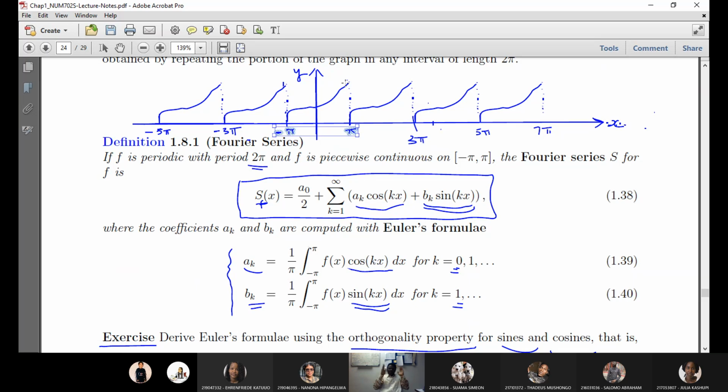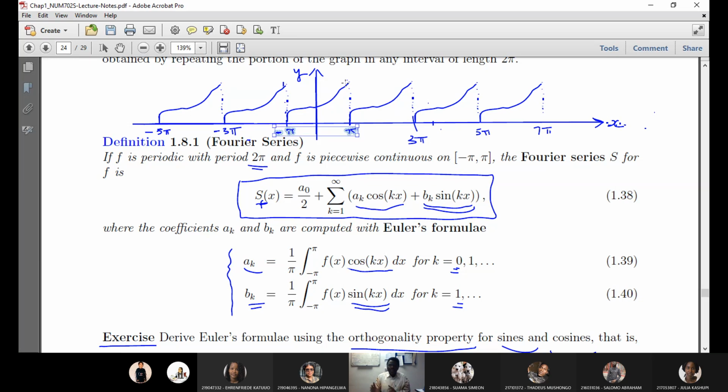Only in the interval from negative pi to pi, I can draw my function without lifting the pen. That is piecewise continuous, meaning that it is continuous in that subinterval.